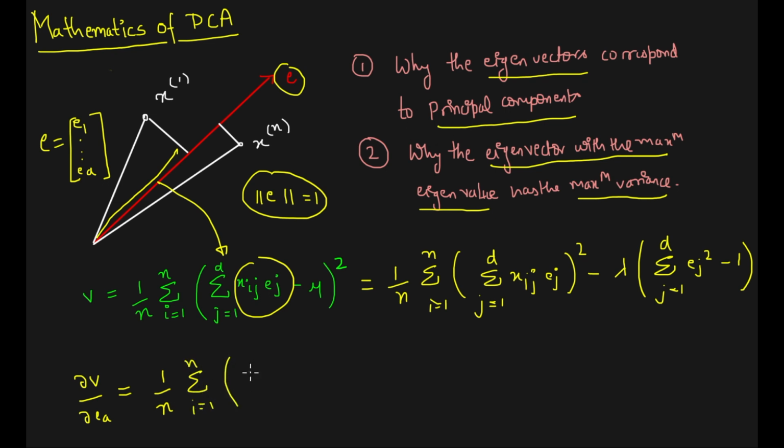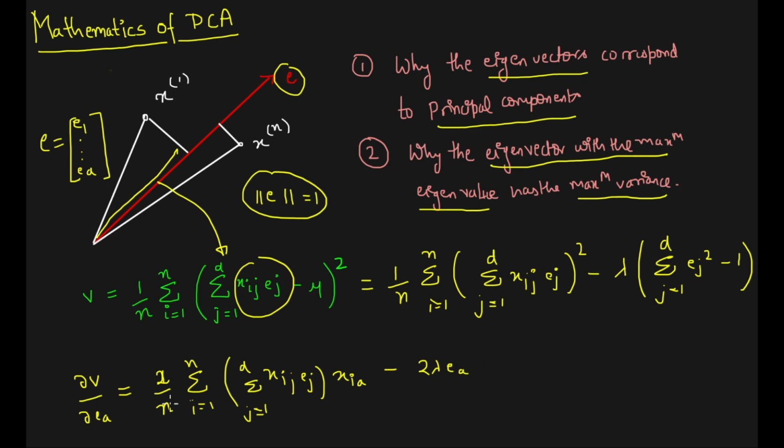These terms remain the same. The 2 comes out here. So j equal to 1 to d along all dimensions, x_ij, e_j, and the a-th dimension is differentiated, leaving this. The other component becomes minus 2 lambda e_a.